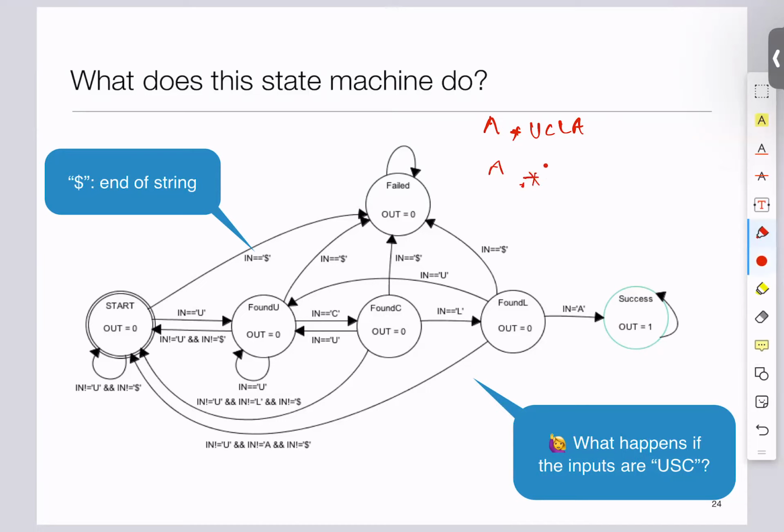Dot means any character, star means 0 or more times, so dot star UCLA dot star dollar. That's how you would probably write the expression.